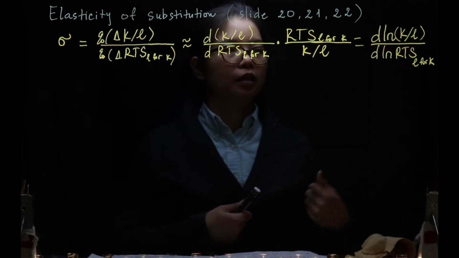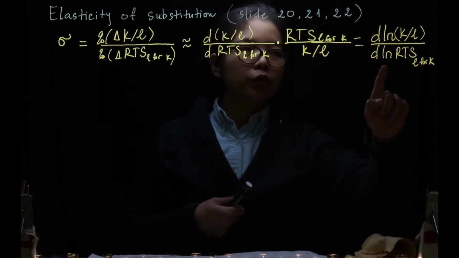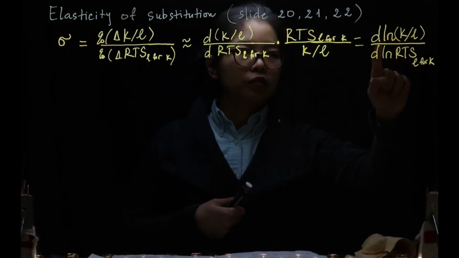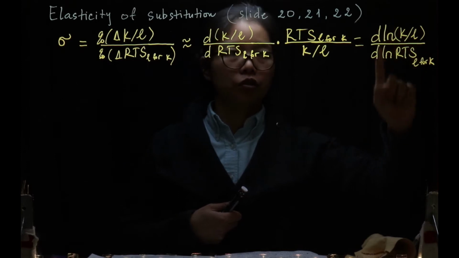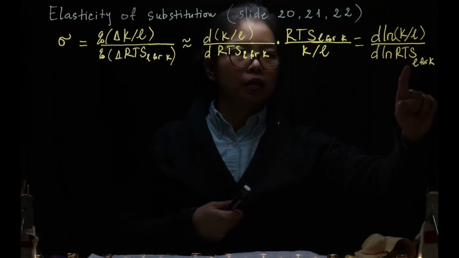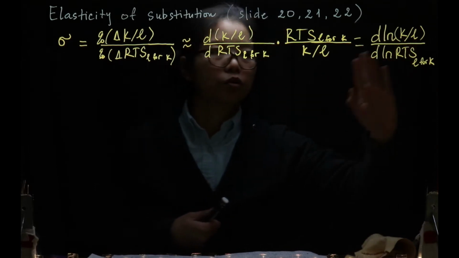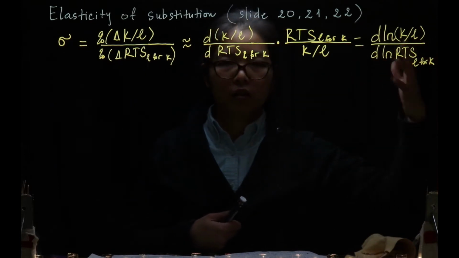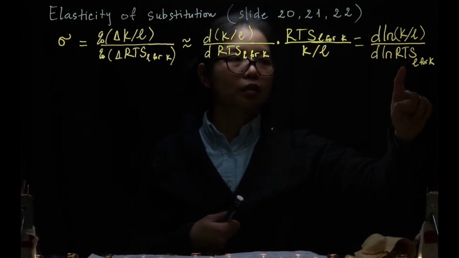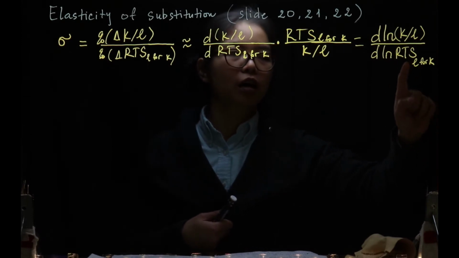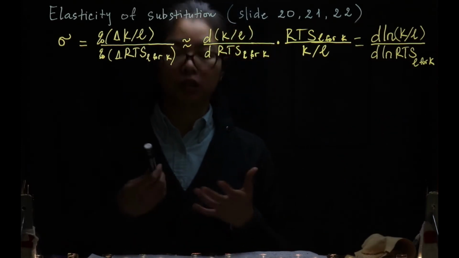We learned about it already. But then this is new. It is actually equivalent to the derivative of the natural log of the input ratio with respect to the RTS. From now on, I will only talk about the RTS for simplification, meaning the RTS of labor for capital, like we always talk about since last week.